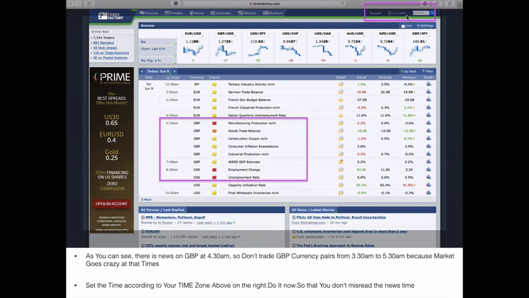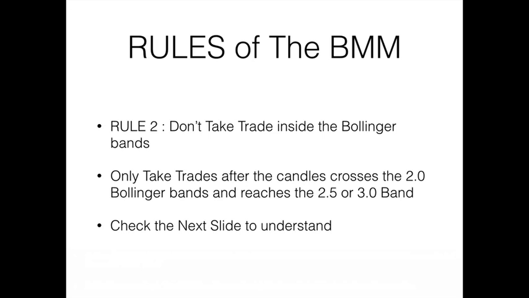So make sure you set up your time. Also, on the MetaTrader 4, there are headlines. If you go to any M5 chart, the 5-minute chart, you will be looking at headlines and you can see news there also. Moving forward, the next rule, number 2, is don't take a trade inside the Bollinger Band.